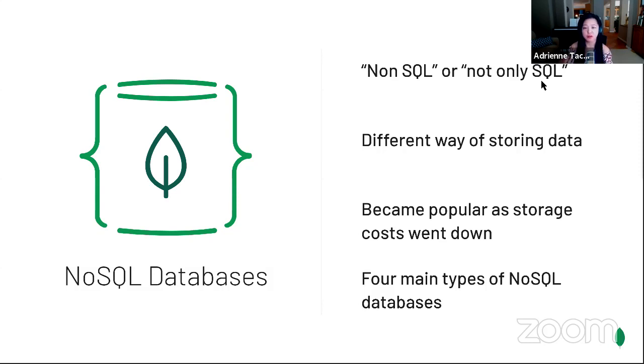And before, it was really, really expensive to have that amount of storage available to you. So as the storage costs went down and it became much more manageable, much easier, and much more affordable, that's when NoSQL databases started to become really, really popular, because you will see later on that one of the things about NoSQL databases is that because of the way they store their data, that does tend to use up a lot more space.